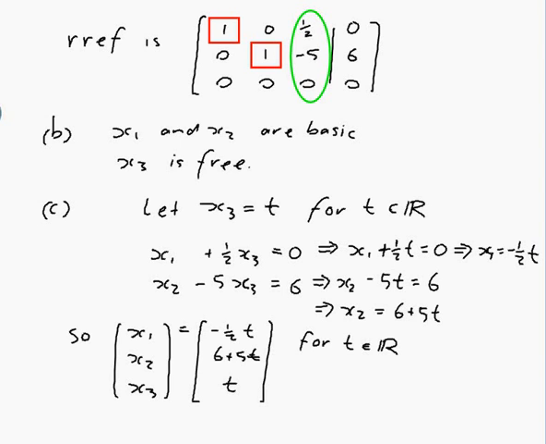Now it is possible to write that solution in a slightly different way, and there's actually a traditional way to write it, which I'll show you now. So my solution was so far x1, x2, x3 is equal to minus a half of t, 6 minus 5t, t.